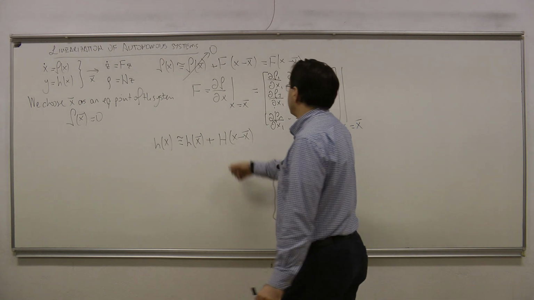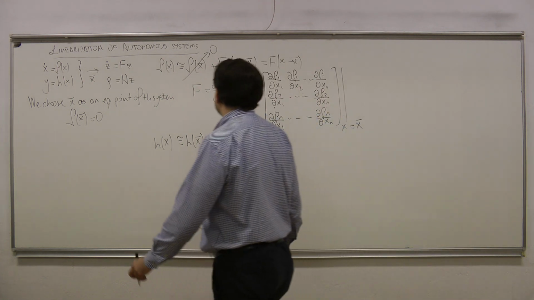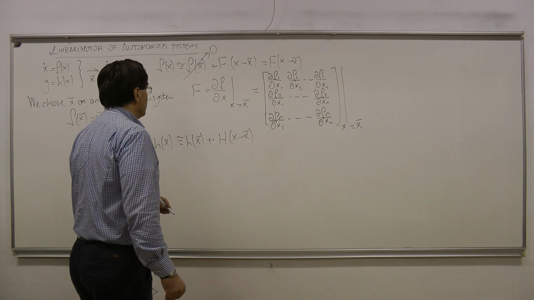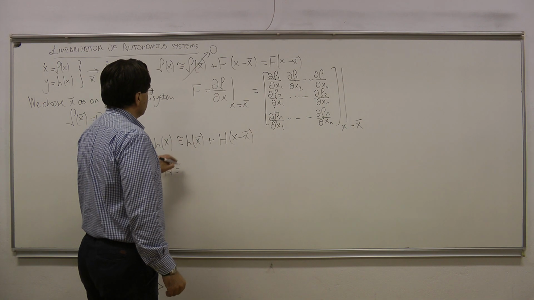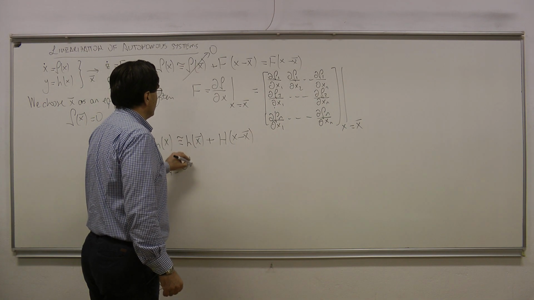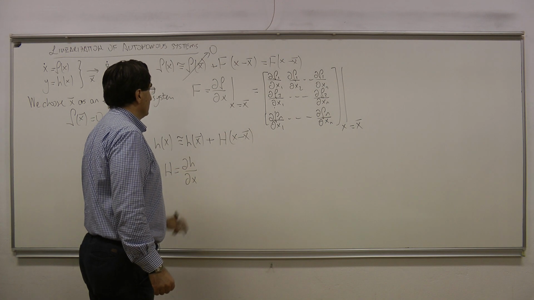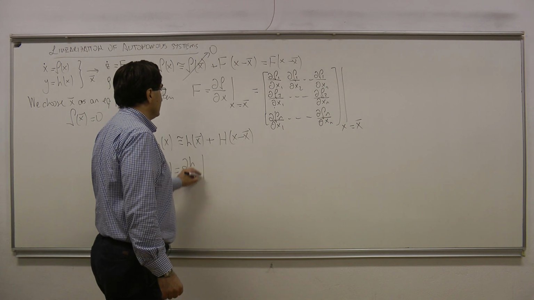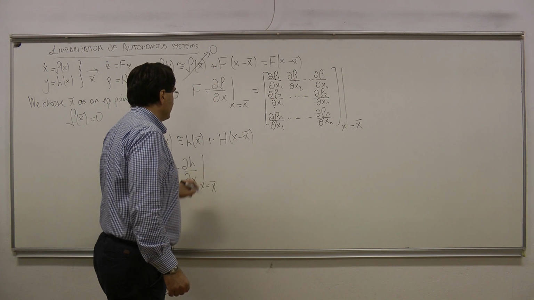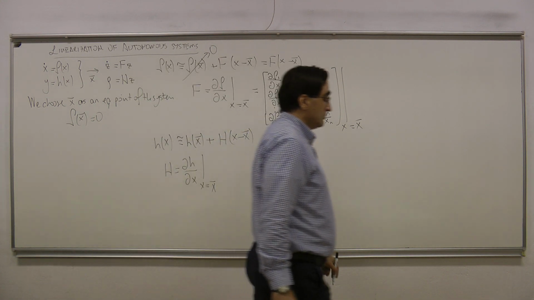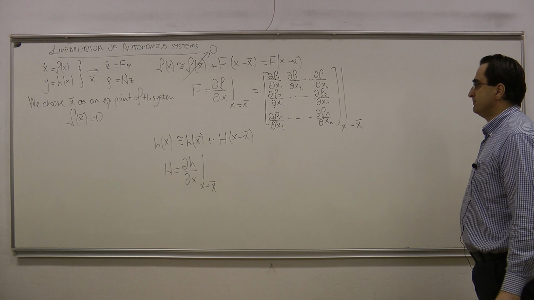And what about the matrix H? So the matrix H would be obtained by finding the Jacobian of the function h with respect to the elements of x and evaluating x at the equilibrium point. All right?